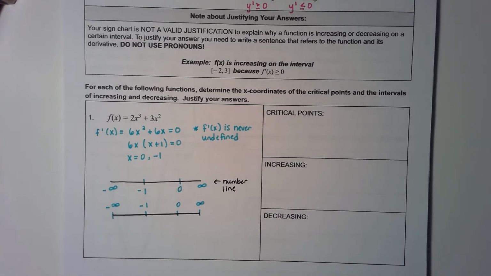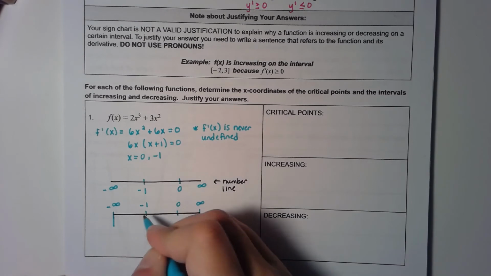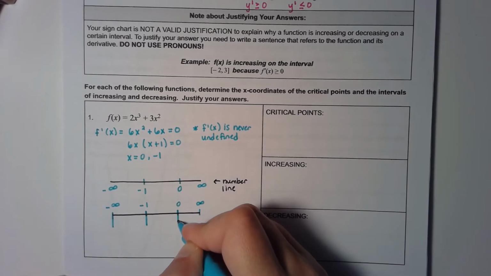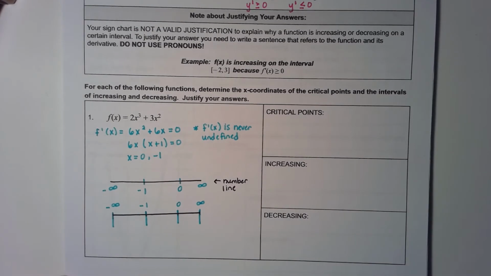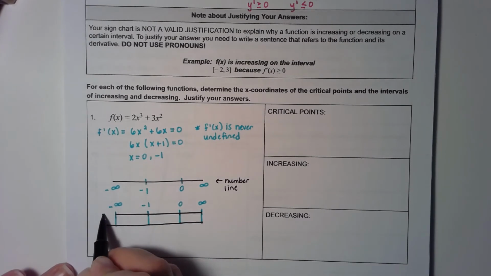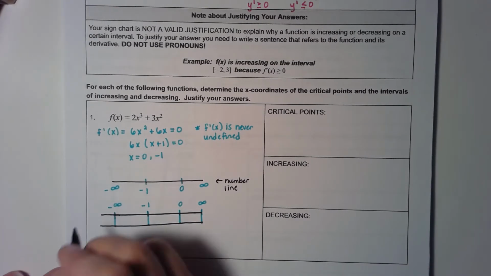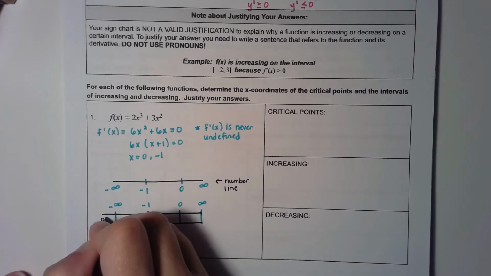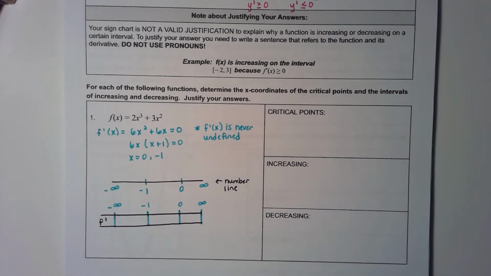So it's the same thing, we're just writing the numbers above the number line. Now those numbers are going to become the dividers of this chart, and we're literally going to turn this into a chart like this, where we've got a row, and f prime is what we're going to be evaluating here. So we're going to be determining the sign of f prime.